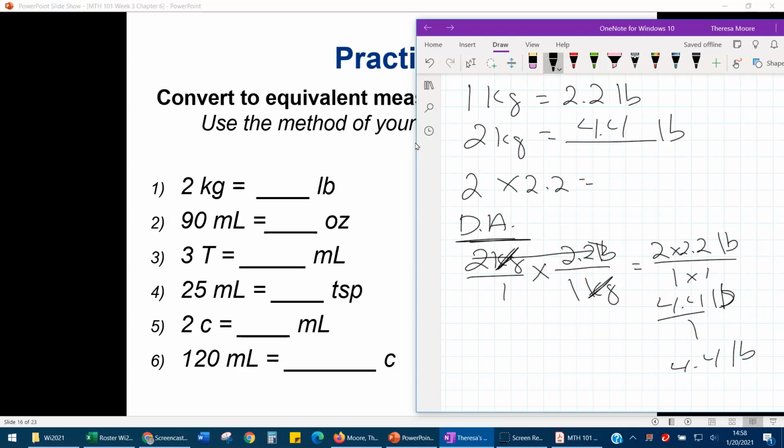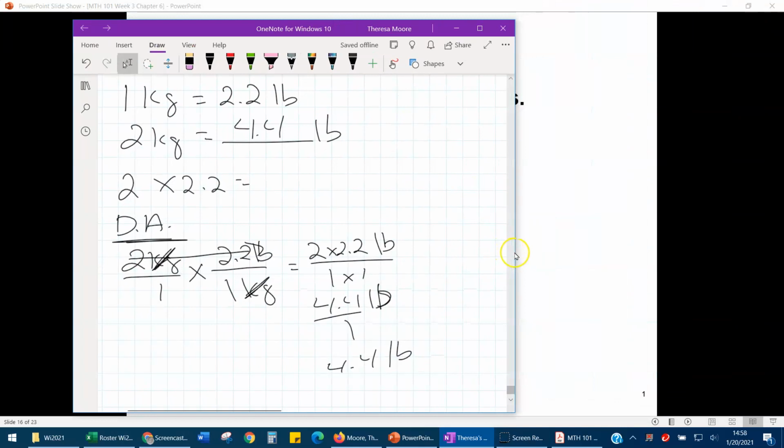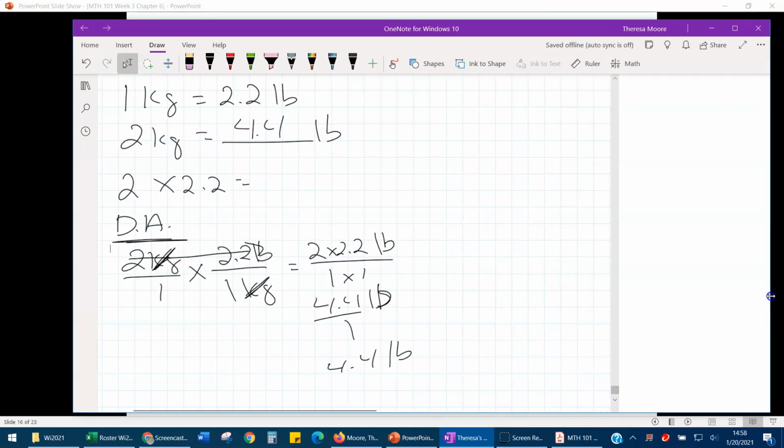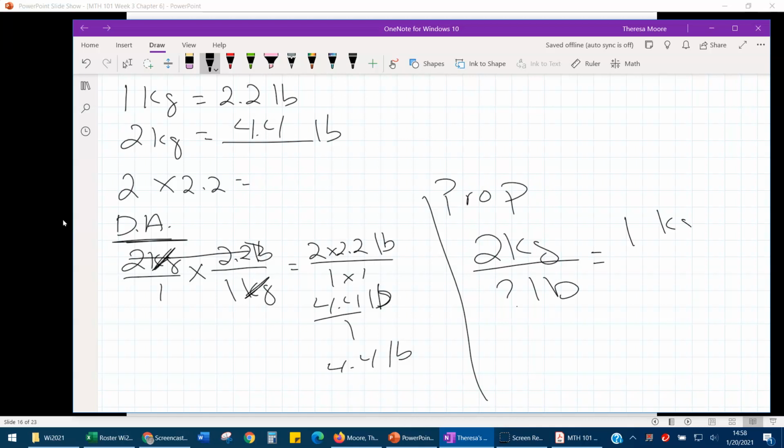So the proportion method, I'll do the same problem using the proportion method. So 2 kilograms is to how many pounds when I know 1 kilogram is 2.2 pounds.